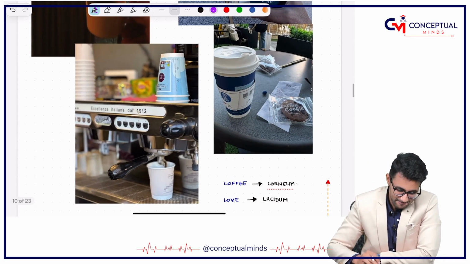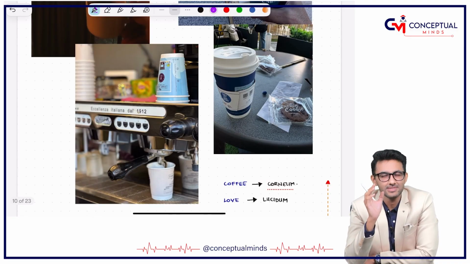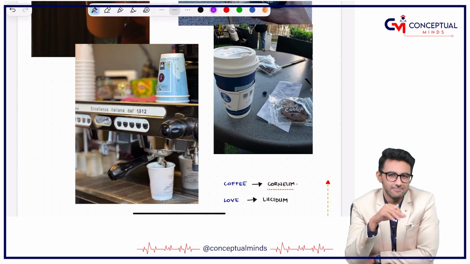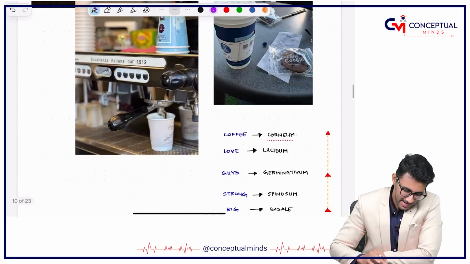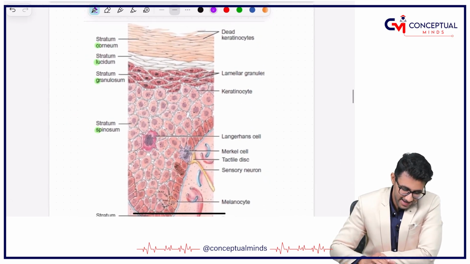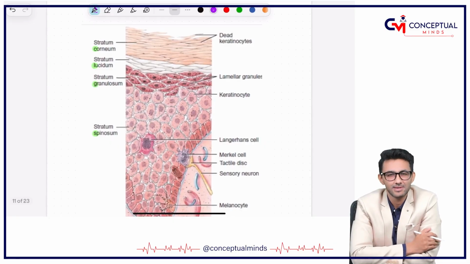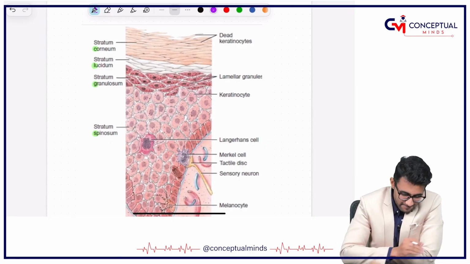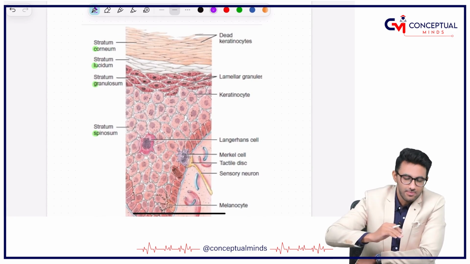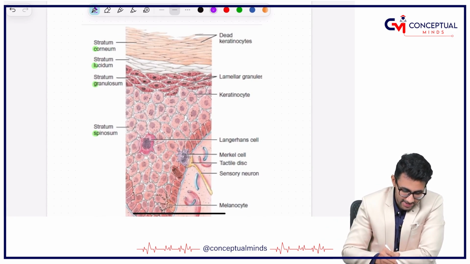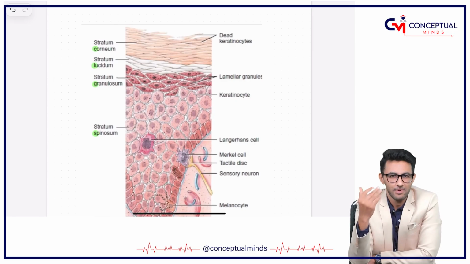The reason I'm telling you is because I will be using the context in our mnemonic. So let us come right into the layers of epidermis. From top to bottom, I'll go through them, and then we'll learn how to memorize this.